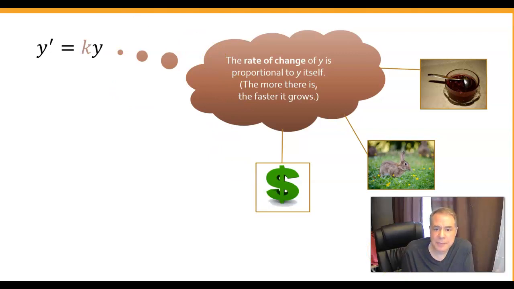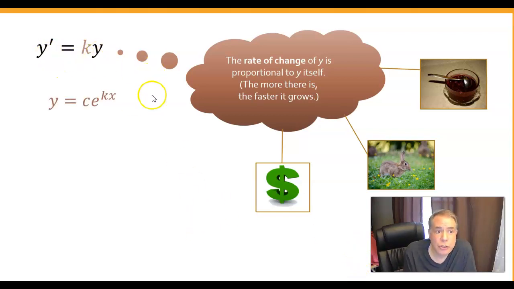And by the way, this is sometimes an oversimplification. Like the population of bunny rabbits in the meadow is going to probably depend on other factors, like how many bunny rabbits the meadow has room for and whether there are predators and other factors like that. So sometimes it's not quite so simple, but we're keeping things simple right now for this introductory video.